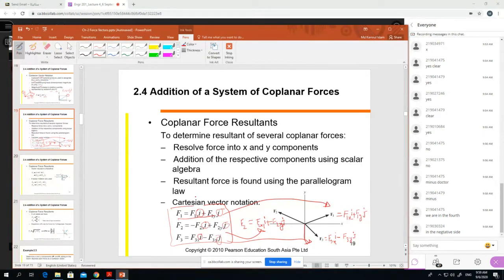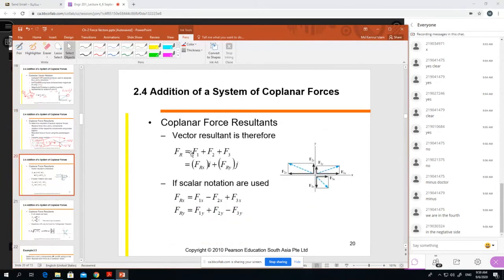As per the vector notation, the resultant force is F1, F2 and F3: the horizontal resultant i plus the vertical resultant times j.